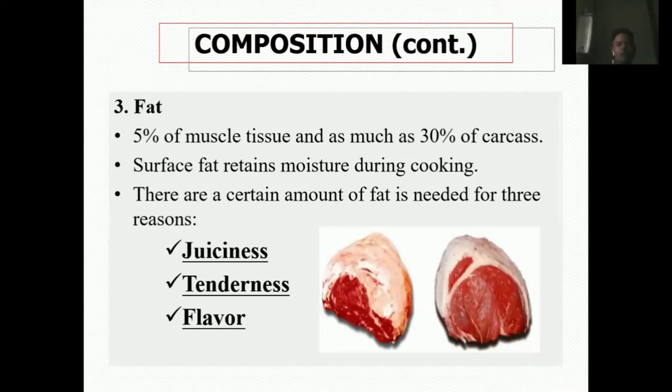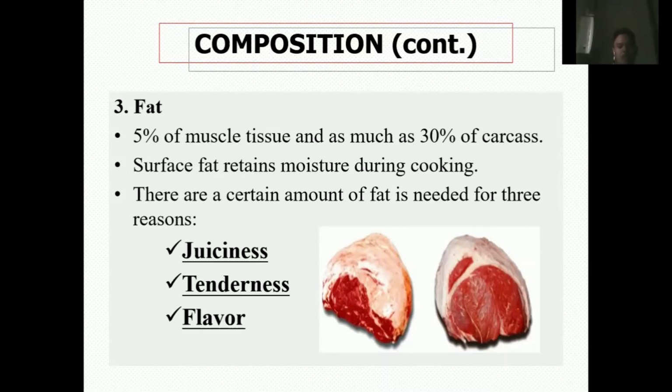The third component is the fat. In the muscle tissue, it has a 5% amount and as much as 30% of the carcass. And the surface fat retains moisture during cooking. In addition, it is an important nutrient.